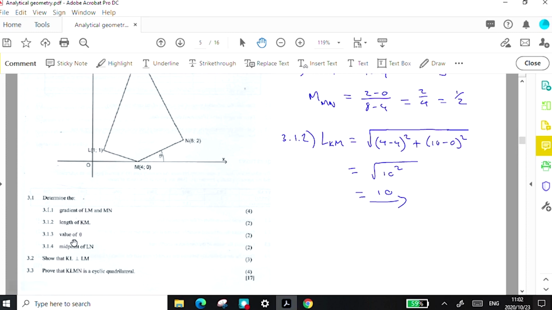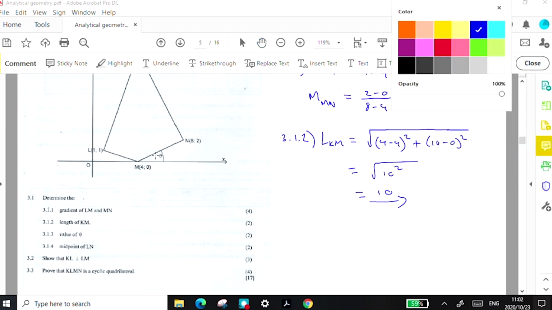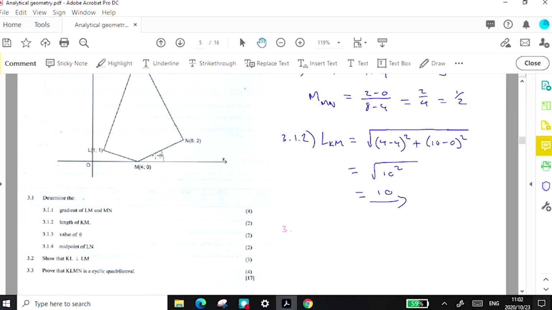For 3.1.3, we want to find the value of theta.